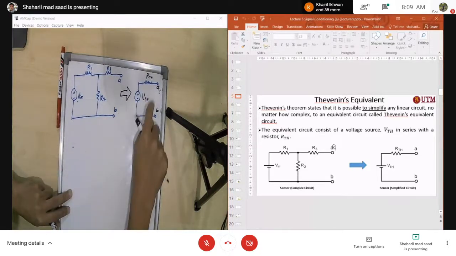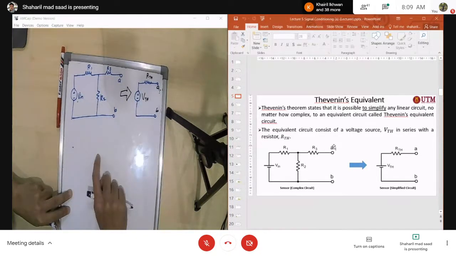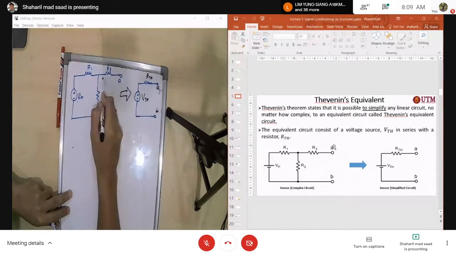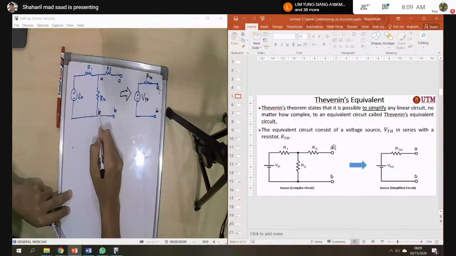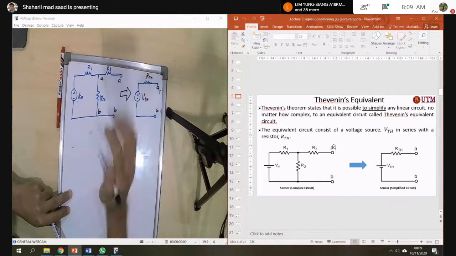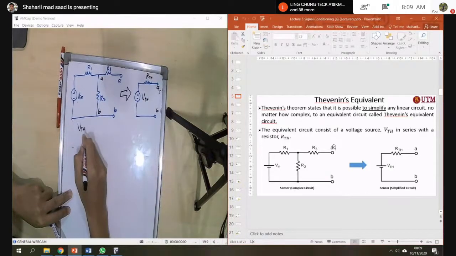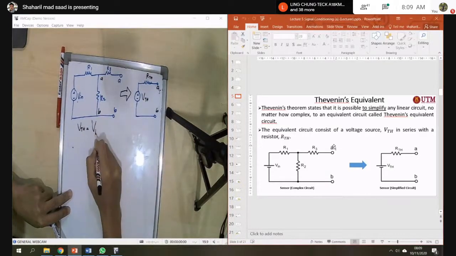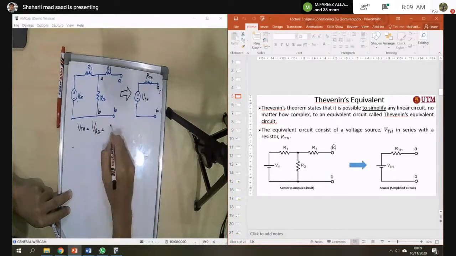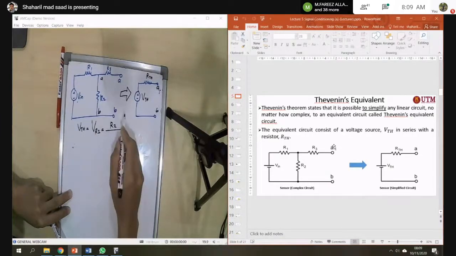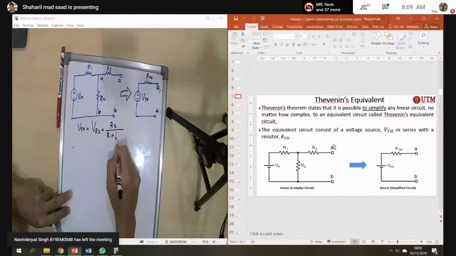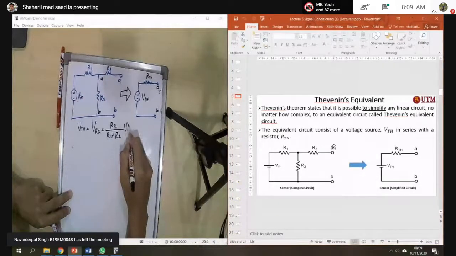To find VTH, the voltage at A and B is parallel with R2, so VTH is equal to the voltage across R2. That means the voltage divider: R2 over R1 plus R2, times V in.